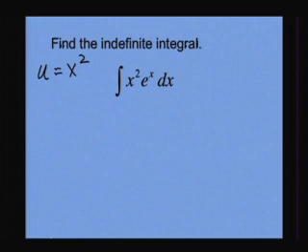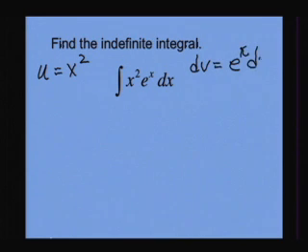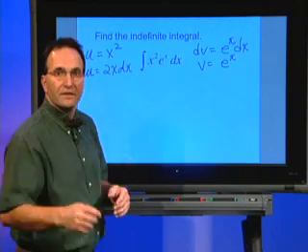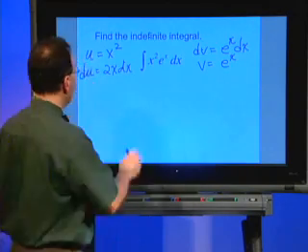That means that dv is going to be equal to e to the x dx. So for du, that's going to be 2x dx. And for v, that's going to equal e to the x, since the derivative of e to the x is e to the x.